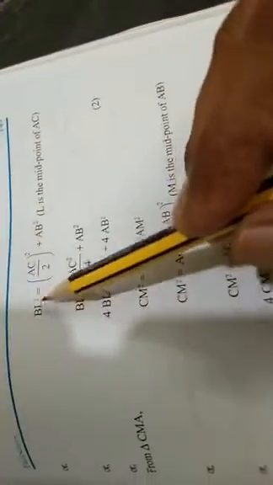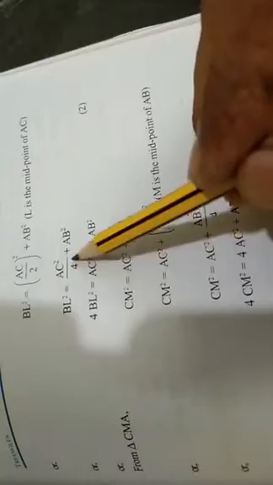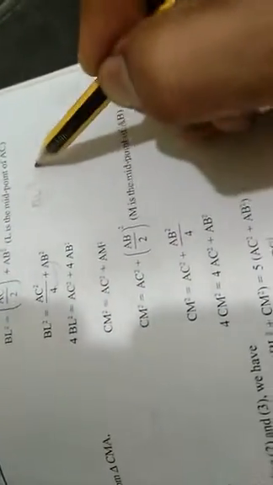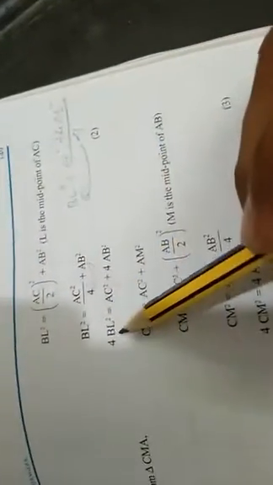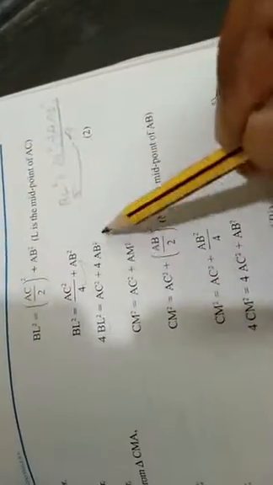So we can write, instead of AL, AC divided by 2 the whole squared. That is BL squared equals AC squared divided by 4 plus AB squared. After finding the LCM, we get BL squared equals AC squared plus 4 AB squared, whole divided by 4. So by cross multiplication, 4 BL squared equals AC squared plus 4 AB squared.